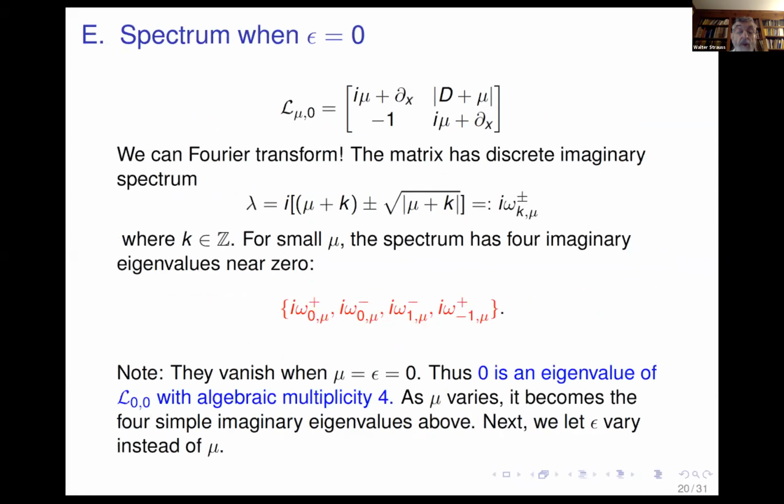What we see is that when mu and epsilon are 0, then you have 0 as an eigenvalue, and in fact, it has multiplicity exactly 4. And when mu is not 0, then you have 4 imaginary eigenvalues, which I indicated in these formulas. Very simple. So the eigenvalue at the origin, which is 4-dimensional, splits into 4 different imaginary eigenvalues.